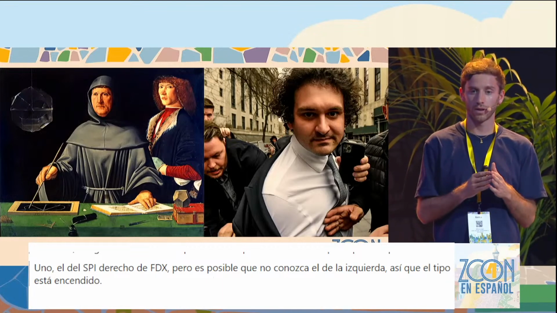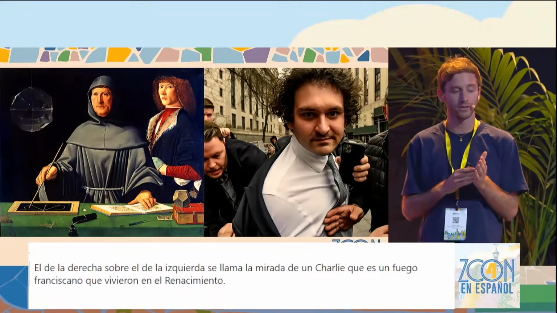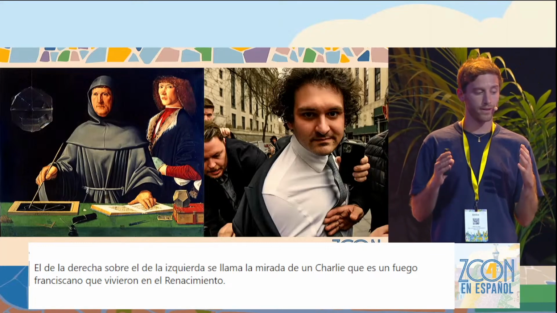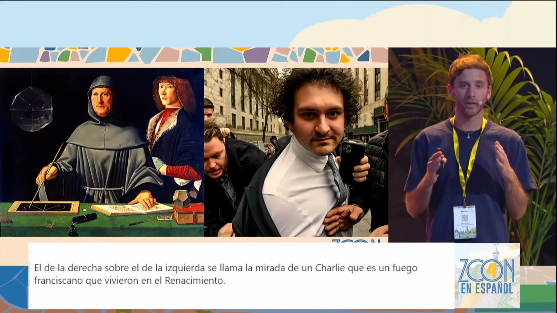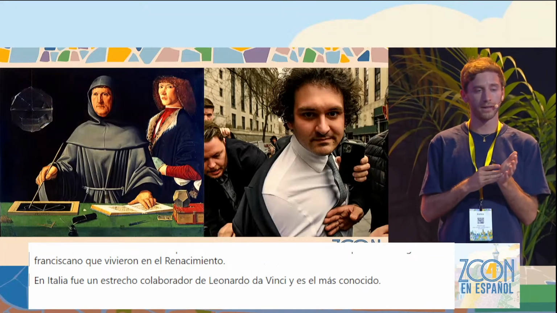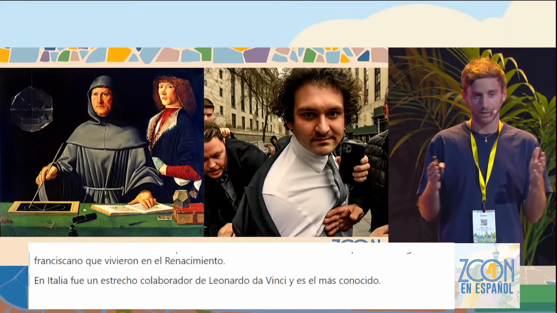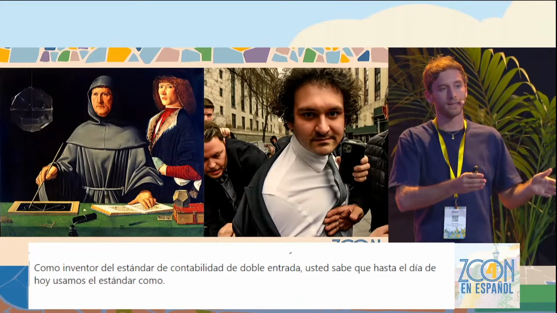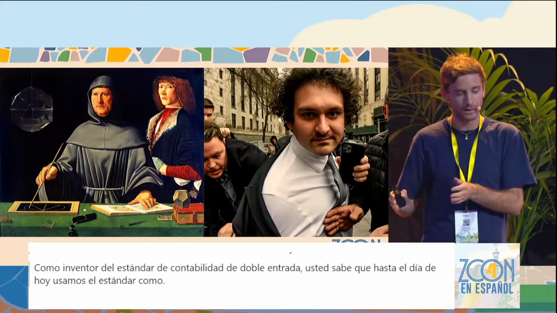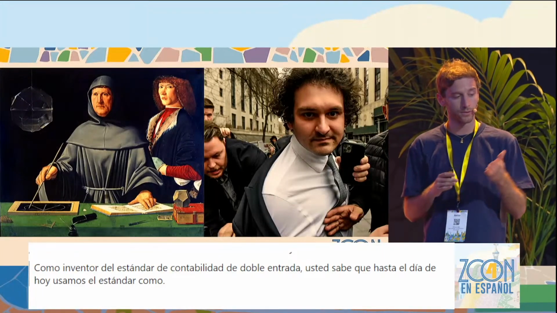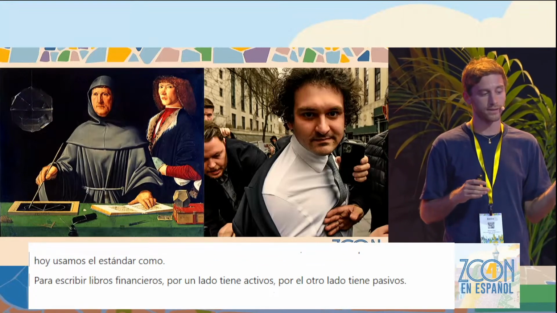He was a close collaborator of Leonardo da Vinci, and is known by most as the inventor of the double entry bookkeeping standard. Until today, we use this standard to write financial books. On one side, you have assets. On the other side, you have the liabilities. This should match. And this concept was first introduced by these guys in the 15th century.